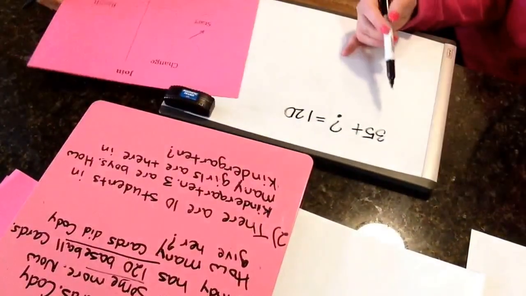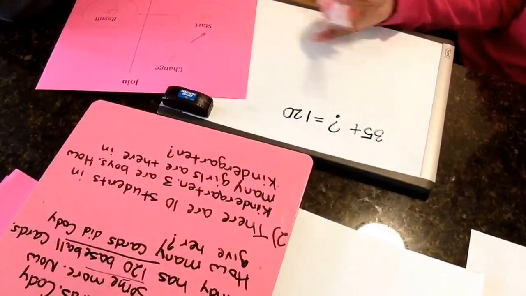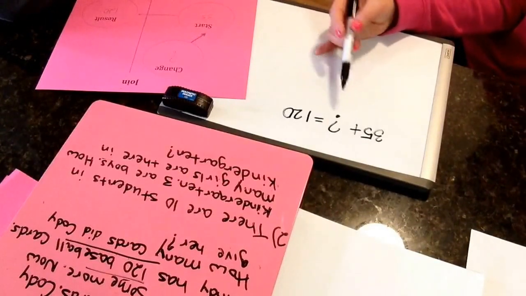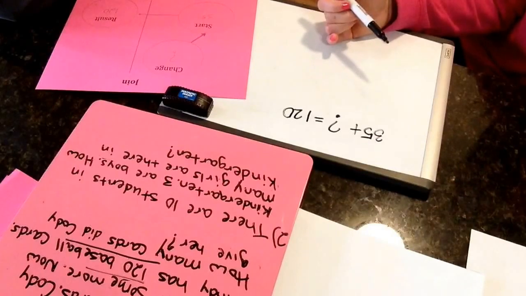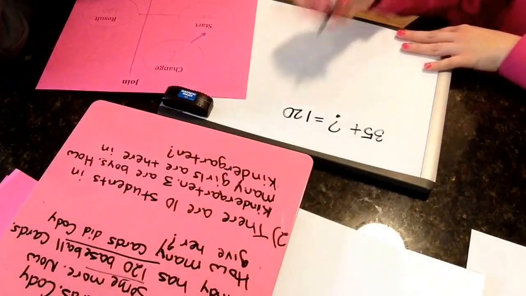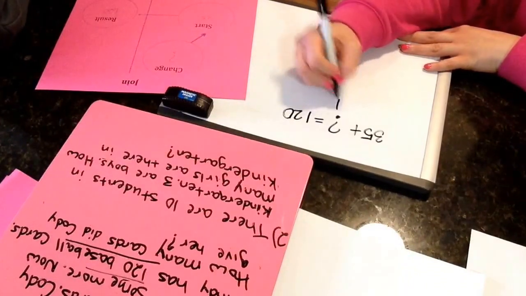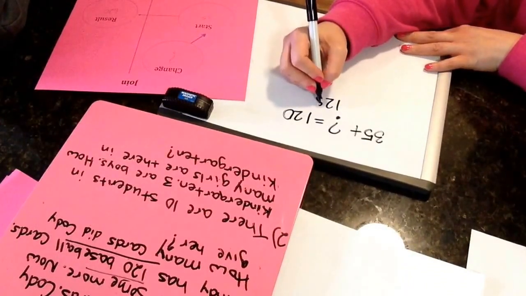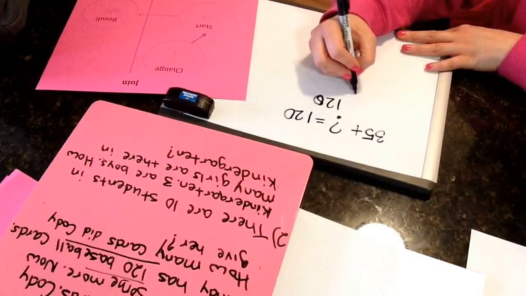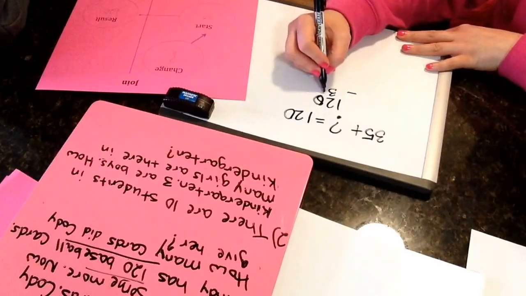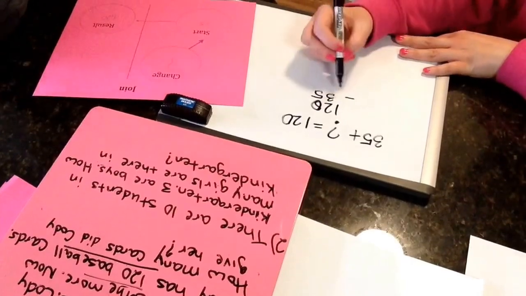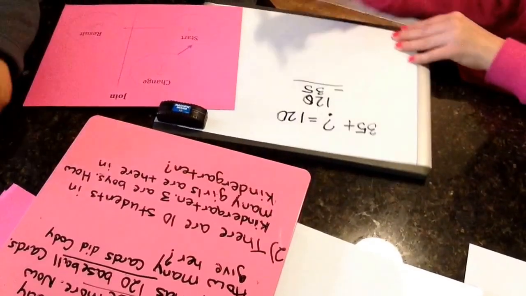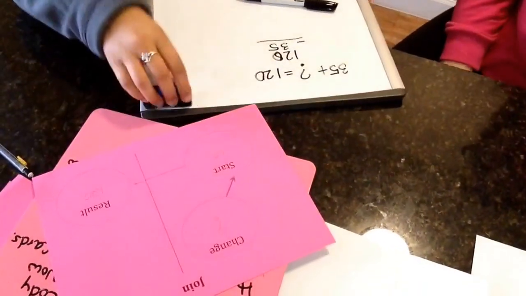So what would we do to find how many baseball cards she had? We could subtract the 35 from the 120. Okay. So, can you do that for me?